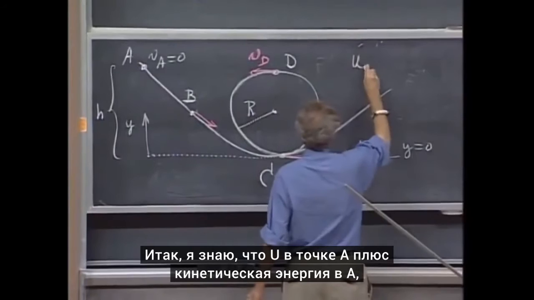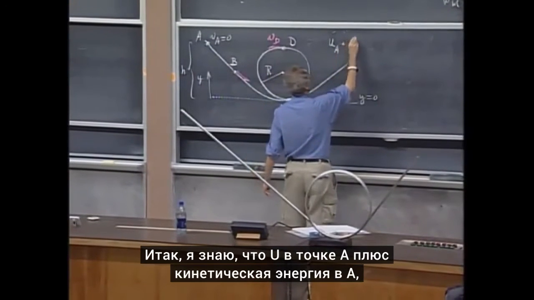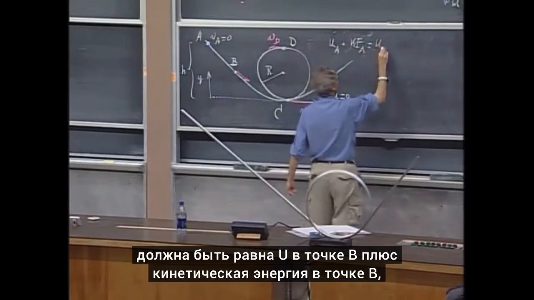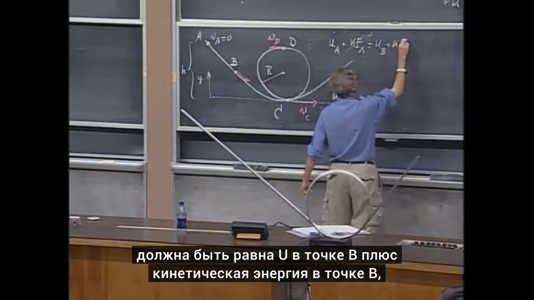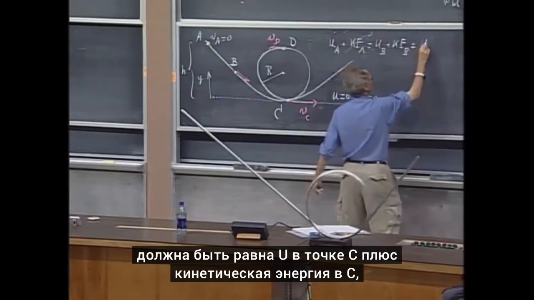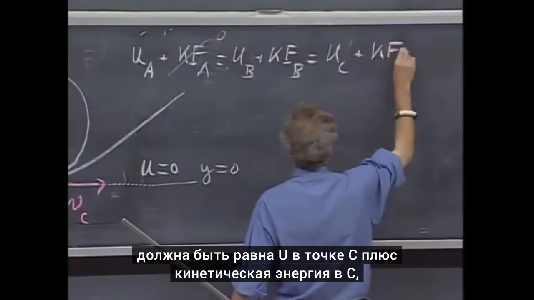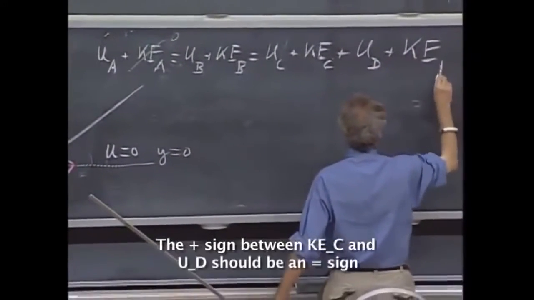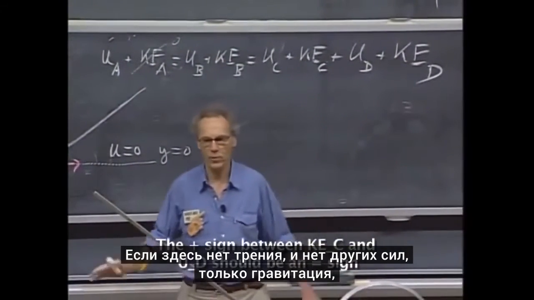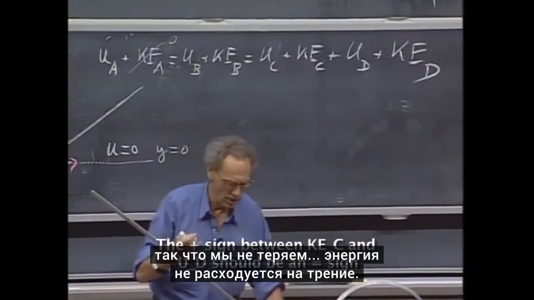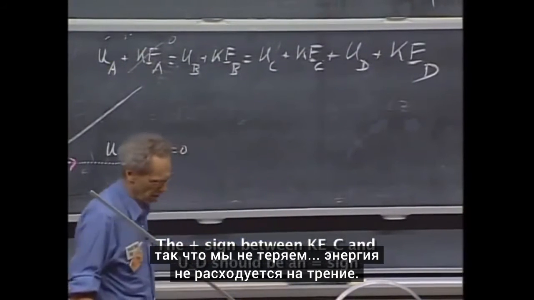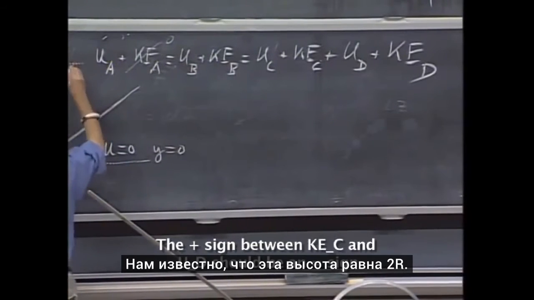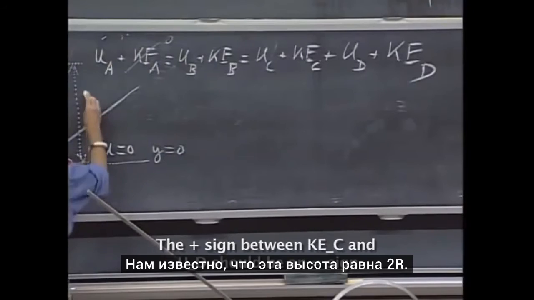So I know that U at A plus the kinetic energy at A, which is 0, must be U at B plus kinetic energy at B, must be U at C plus kinetic energy at C, must be U at D plus kinetic energy at D, if there is no friction, if there are no other forces, only gravity. So no energy is lost to friction. We know that this height difference is 2r.